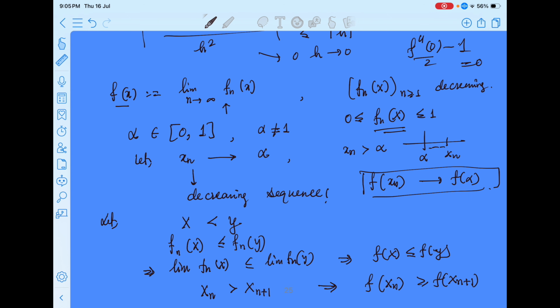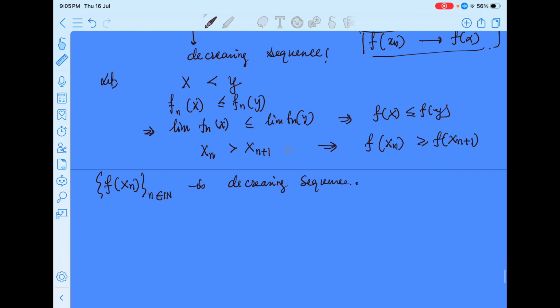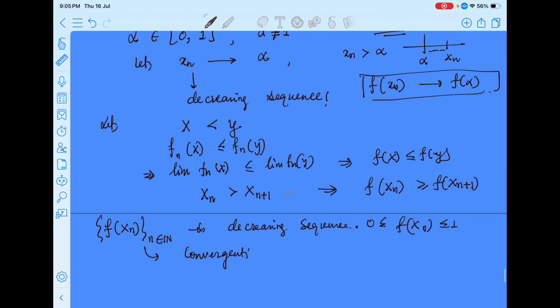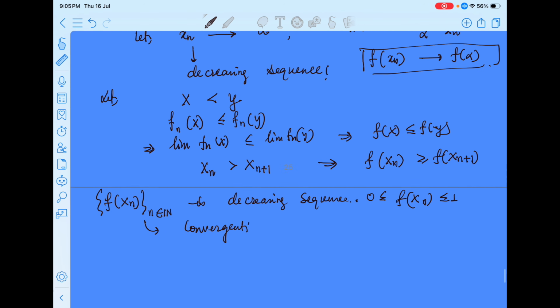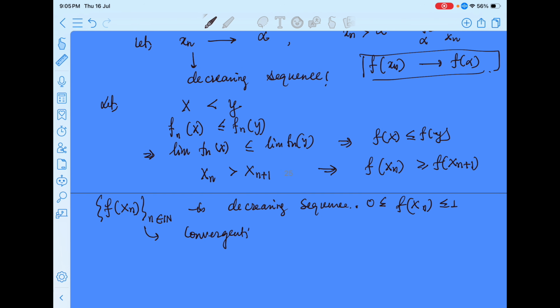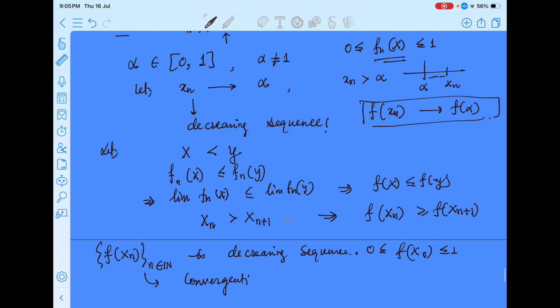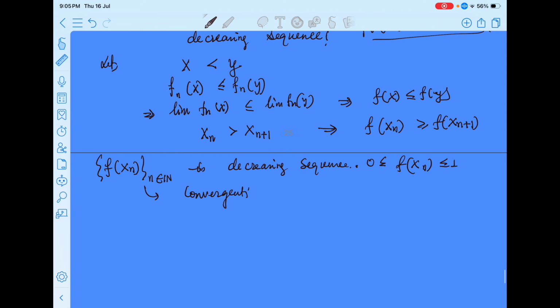So as f(x) exists, f(x) is inside 0 and 1 also, right? So f of x_n are bounded, and this is a decreasing sequence, so this is convergent, right? Decreasing and bounded, this is convergent. Let's say the limit as n tends to infinity of f of x_n is L.